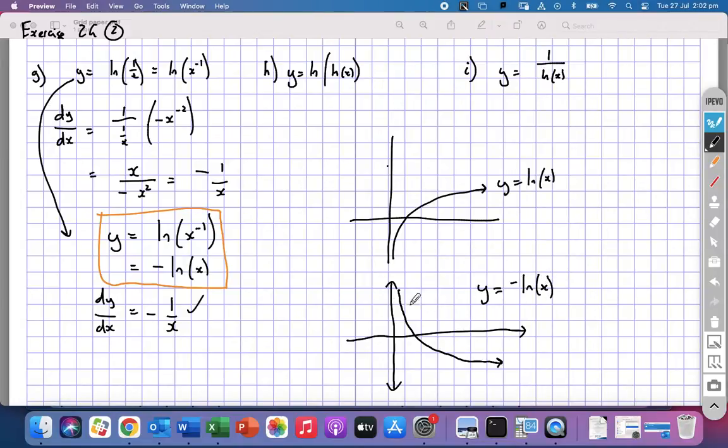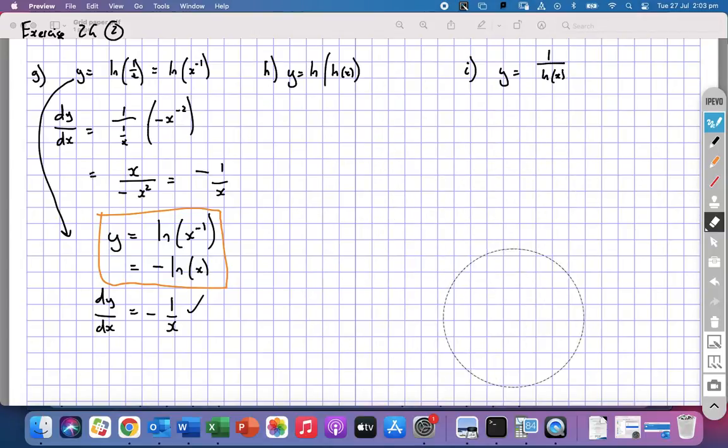Now, they're saying the derivative is negative 1 on x, and you can see that the slope for this curve, should have put an arrow there, the slope is negative the whole way down. So there's a bit of intuition to that answer.